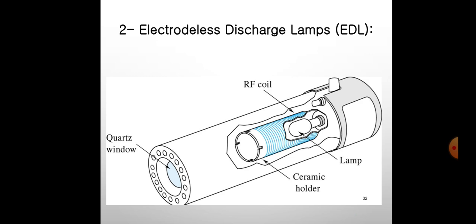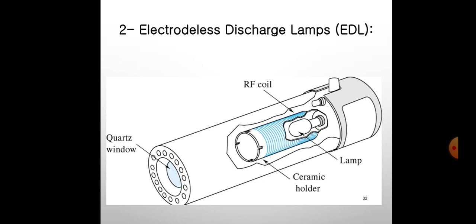In this lamp, you have a few micrograms of the powder of an element in the bulb or lamp, and then we have an inert gas again in the lamp. Here also we have an inert gas like argon or neon, and a few milligrams of the powder of the element.